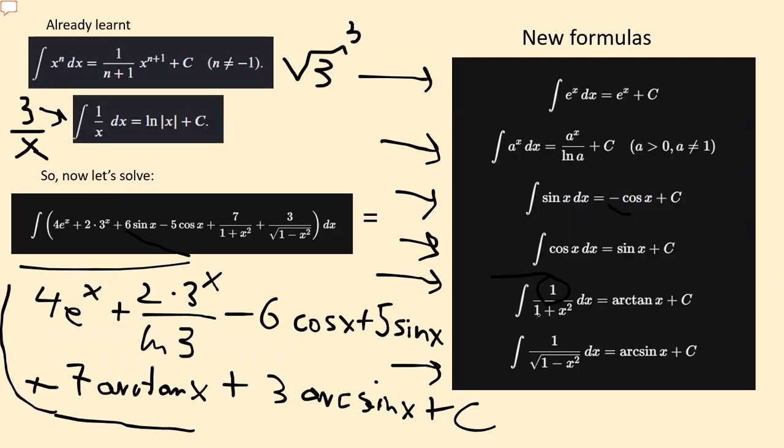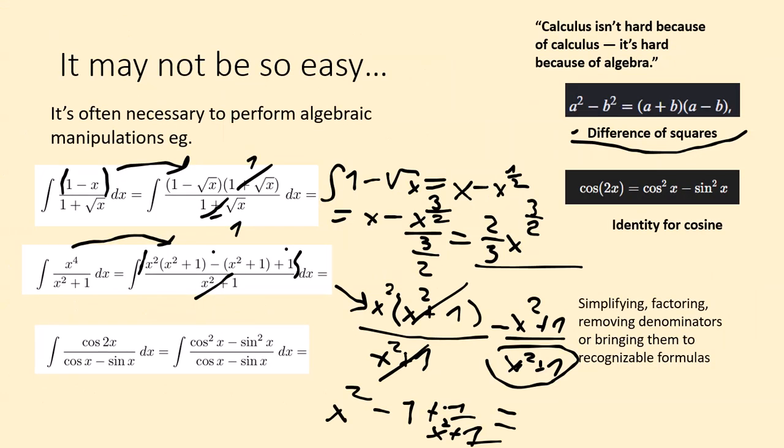You have arctangent, 1 over 1 plus x squared. So the final answer will be, you can check it yourself, 1/3 x to the power of 3 minus x, because you had minus 1 becomes x, and plus arctangent x plus c.